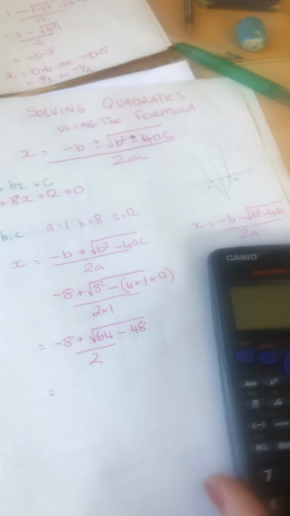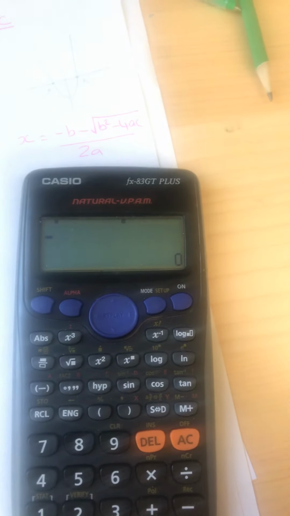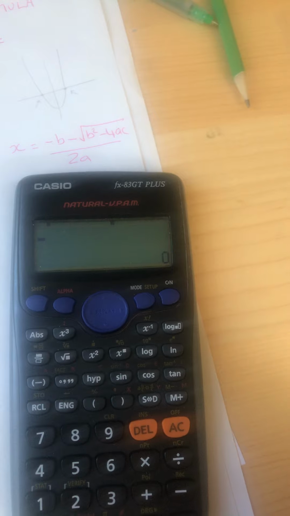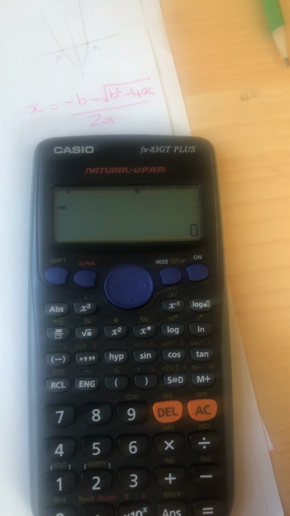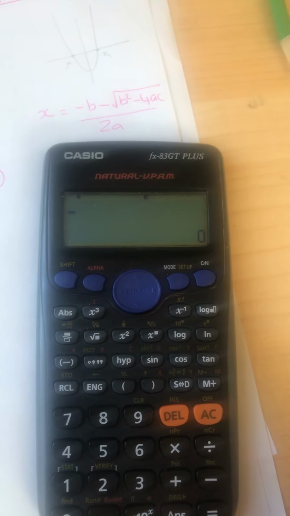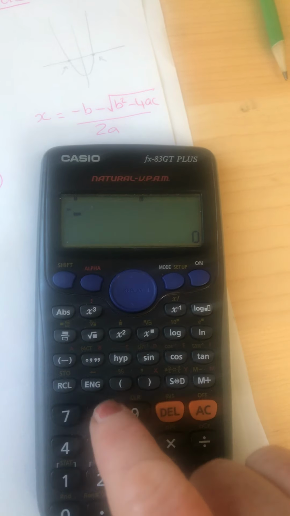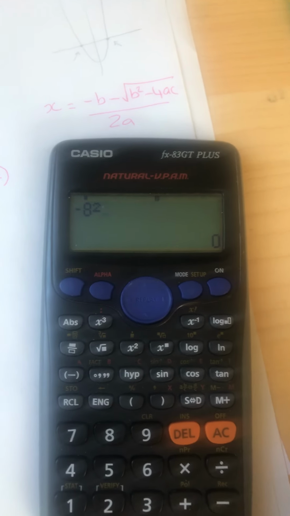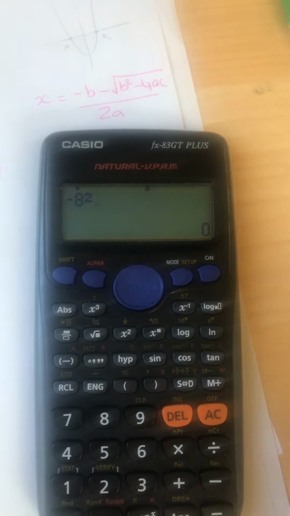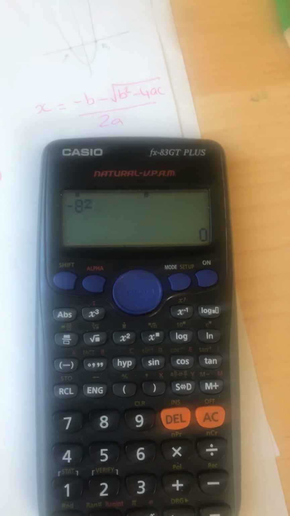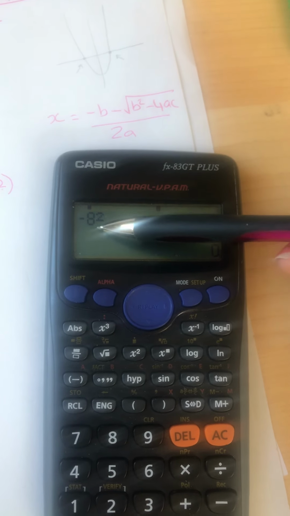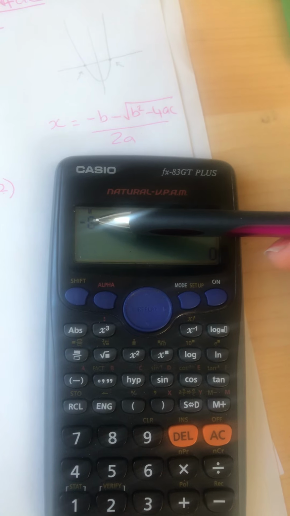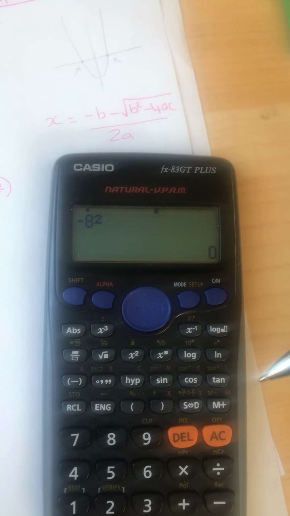Now you get your calculator and we've got to have our answers to two decimal places. So you've just got to be super careful when you're typing into your calculator, especially when you're doing the negative 8 squared. People always think, well, that'll get me the right answer. But it doesn't, because your calculator is going to do BIDMAS. So it'll do the powers first. It'll do 8 squared and get 64.